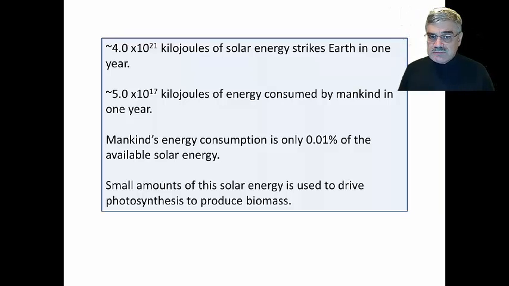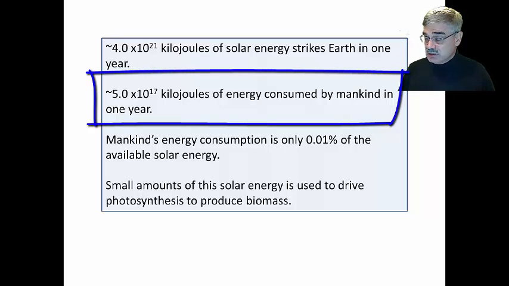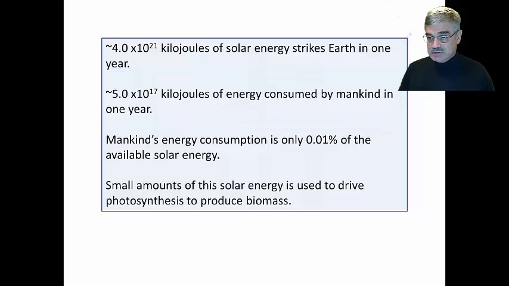By comparison, from all energy sources, mankind consumes approximately 5 times 10 to the 17th kilojoules of energy to drive all of our heating and cooling and all of our automobiles and all of our manufacturing, etc. So mankind's total energy consumption is only a very small fraction, 0.01% of the available solar energy that impinges upon the Earth.